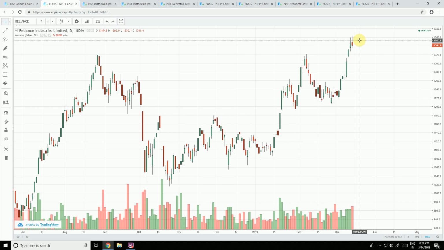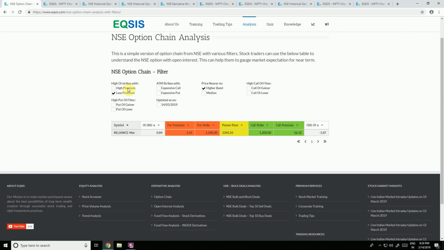That tells me, quite likely, that the stock may have some sort of consolidation, to the negative, not immediate upside. But remember, if the price starts moving upside, the short people who have taken a lesser premium may feel a lot of pressure as the price starts moving upside. So unwinding pressure is also likely. But when other things remain constant, this is expected to have some consolidation for the nearby.